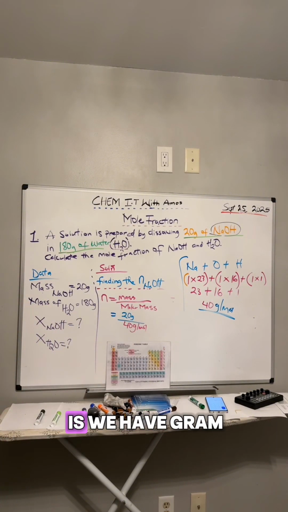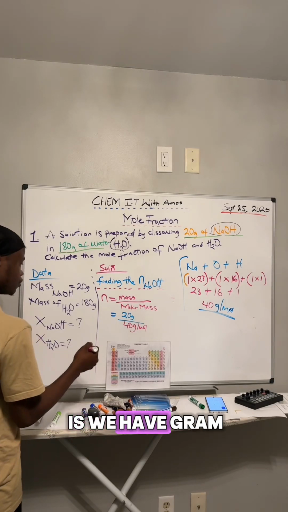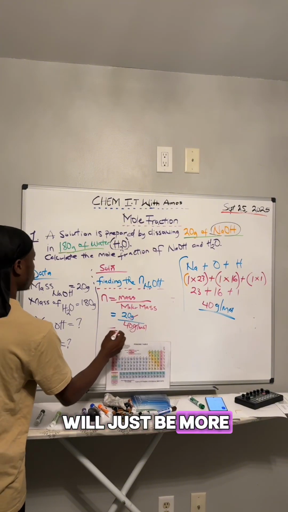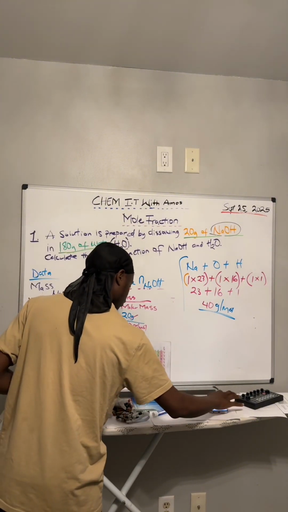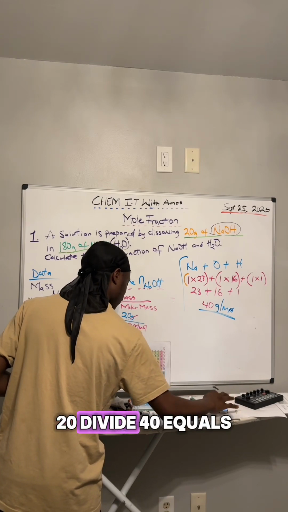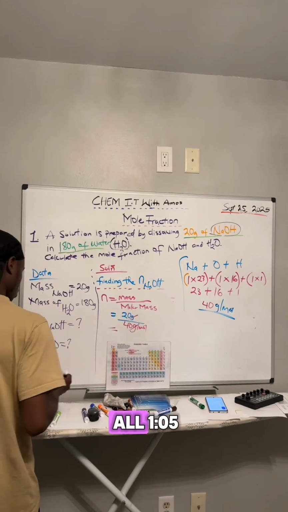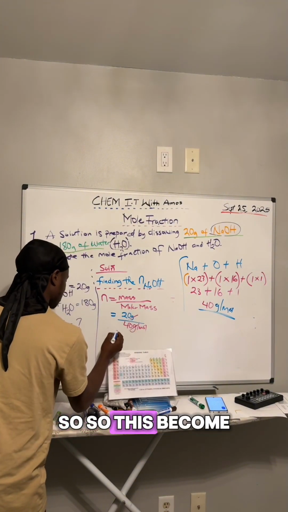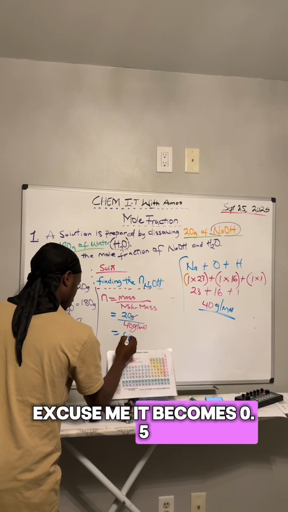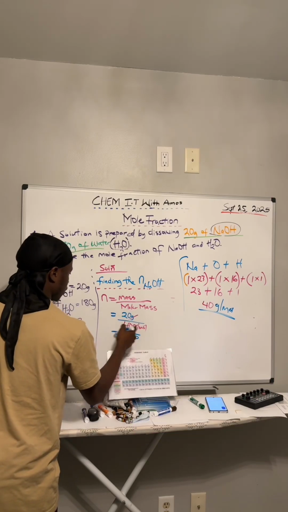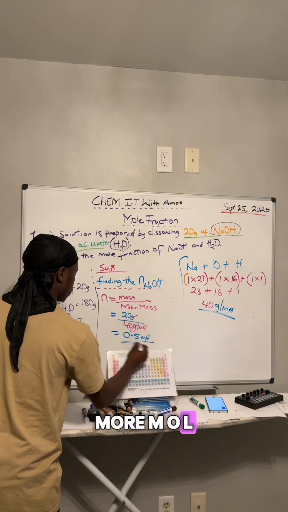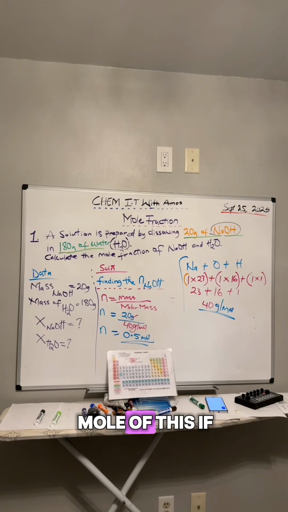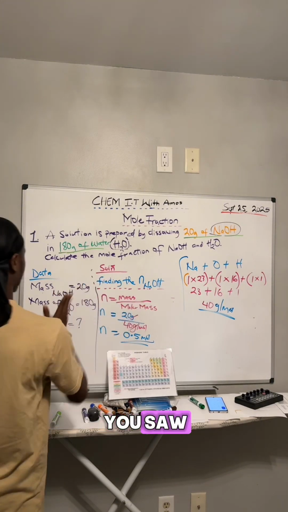The next thing is we have gram here and gram here, so gram cancels gram and the unit will just be mole. 20 divided by 40 gives us 0.5 mole. So 0.5 is the mole of the sodium hydroxide.